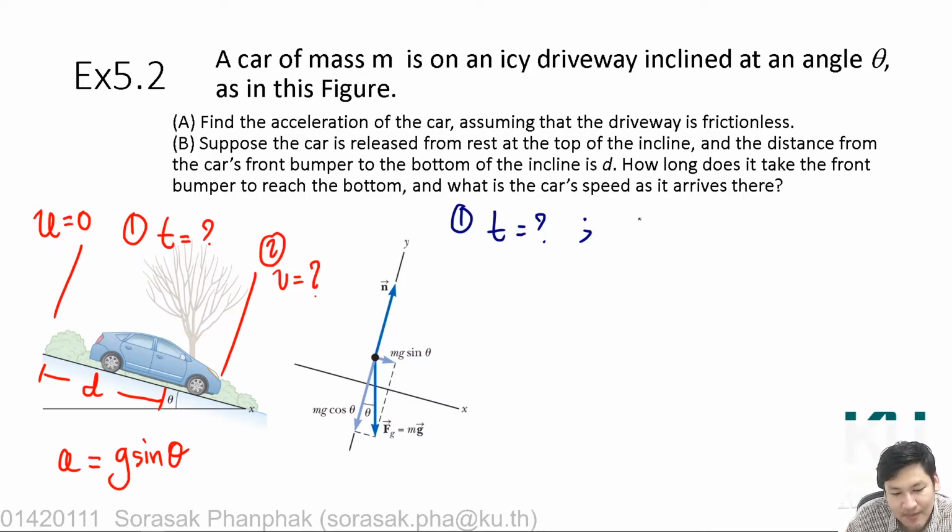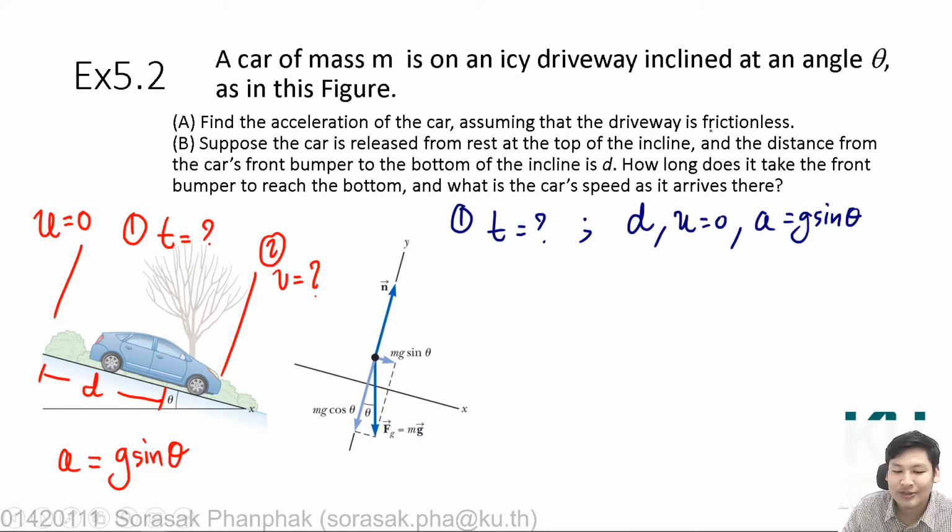We know the displacement d, we know the initial velocity u, we know the acceleration a equal to g sine theta. So we can use the third equation of the 4 kinematics equations, which is s equal to ut plus 1 over 2 at square. Because we would like to find the time, you can rearrange, or you can substitute first if you want.